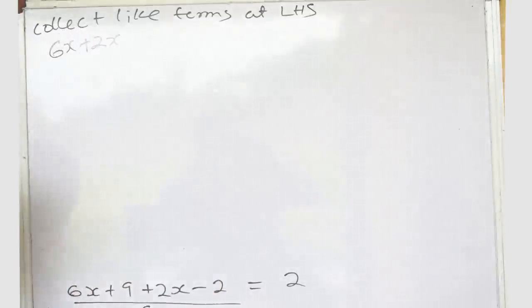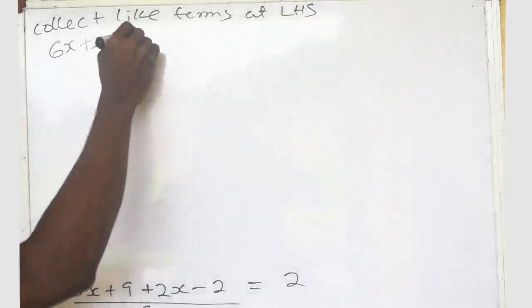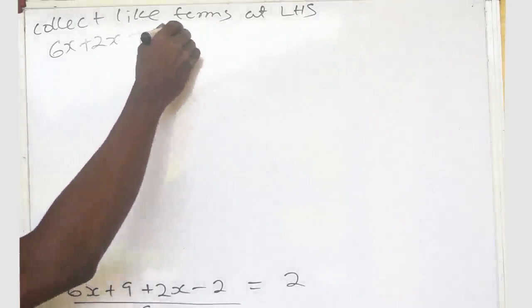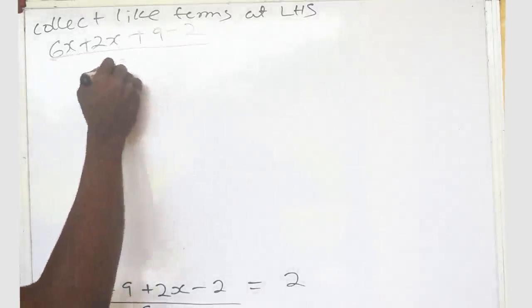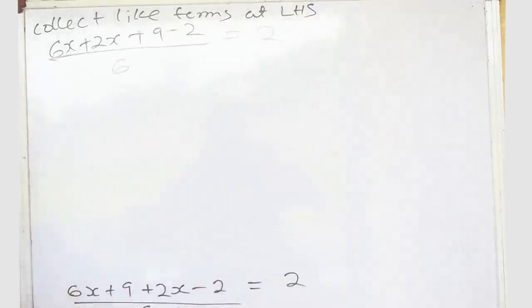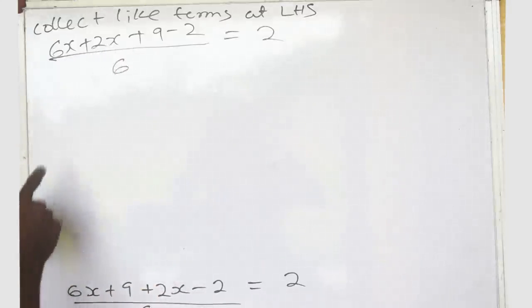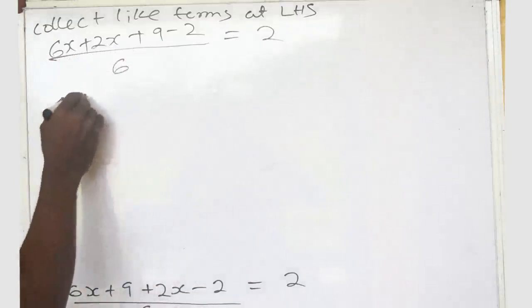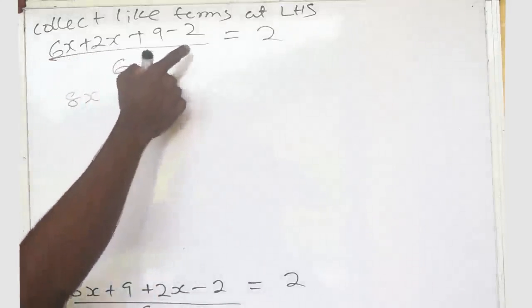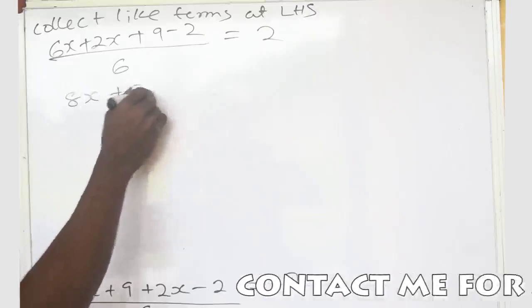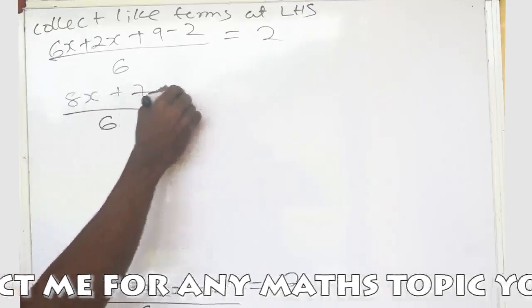We look for another x, no more x. Then we are left with constants such as plus 9 minus 2 all over 6 will be equal to 2, we drop down the right hand side. So if you're getting the total number of x, this plus this will give you 8x. Plus 9 minus 2 will give you plus 7 all over 6 equal to 2.